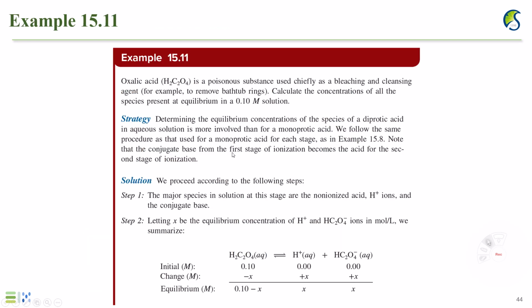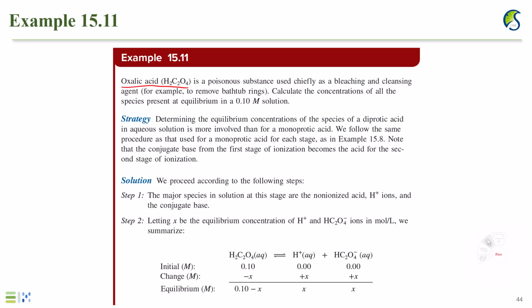So this is an example where you are required to calculate the pH of a solution containing a diprotic acid, oxalic acid in this case. To solve this problem, you have to approach it step by step.